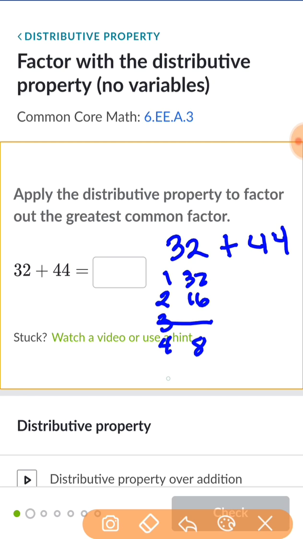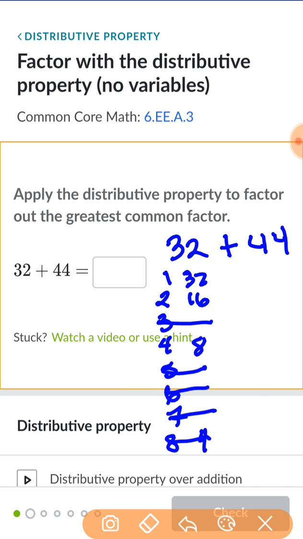No, it's not. 5 and nothing. 6 and nothing. 7 and nothing. Cross that out. I get back to 8 times 4, and there's nothing left. So 8 times 4, I already have that.